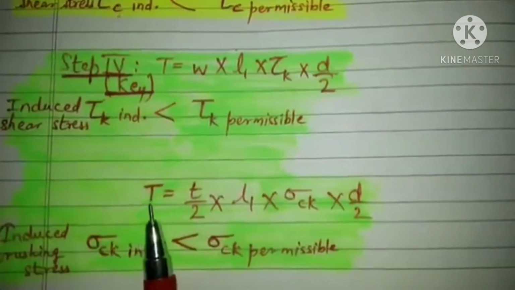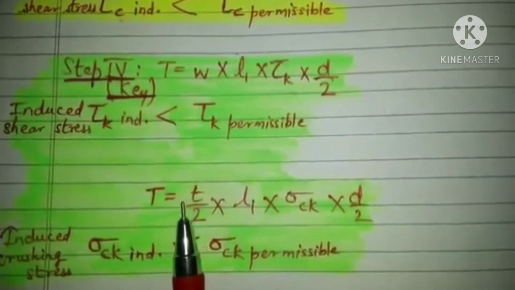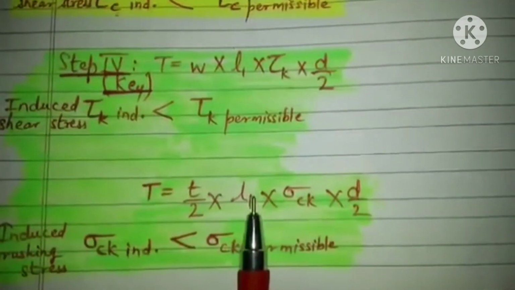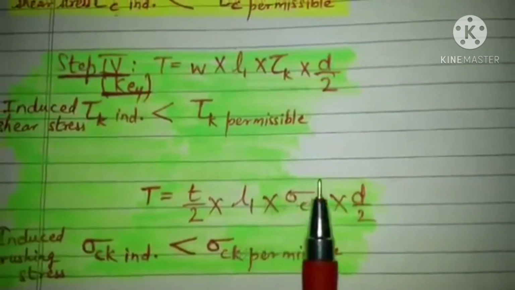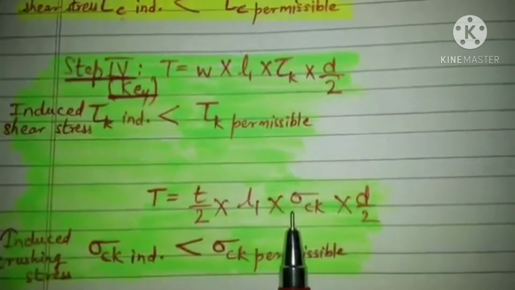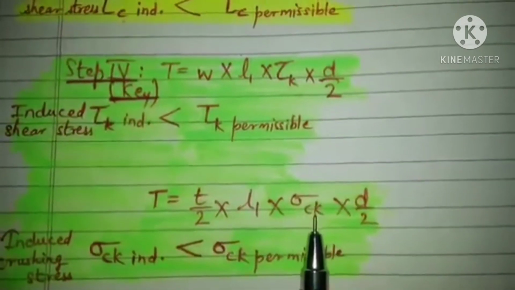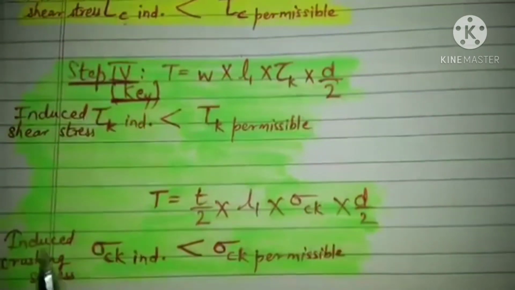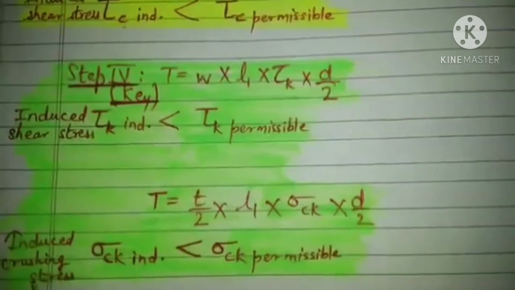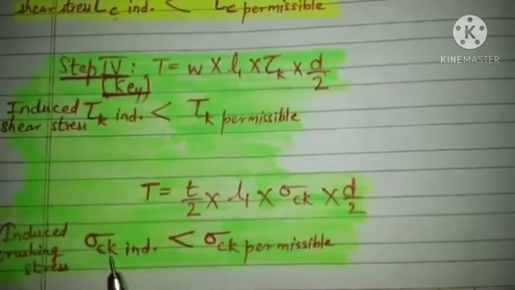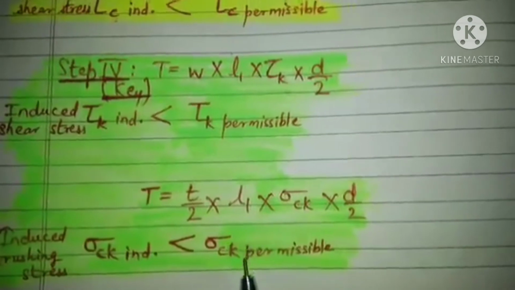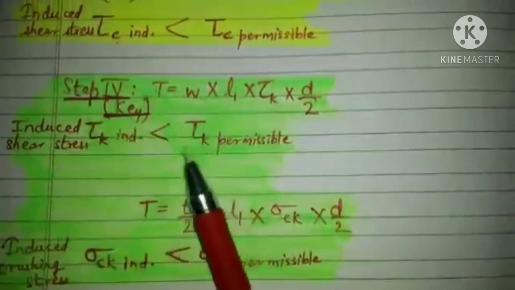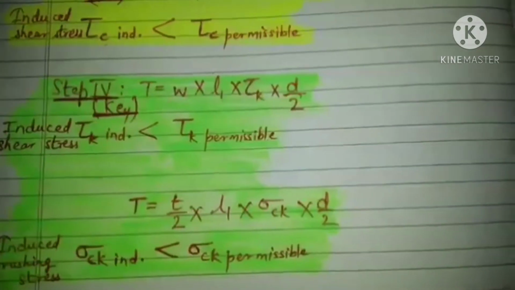Then we use another formula: T is equal to t by 2, where t is the thickness of the key, times L1, the length of the key, times the induced crushing stress for the key, multiplied by D by 2, where D is the diameter of the shaft. From here we find the induced crushing stress for the key, and it should be less than the permissible crushing stress for the key. With this we have designed the key.